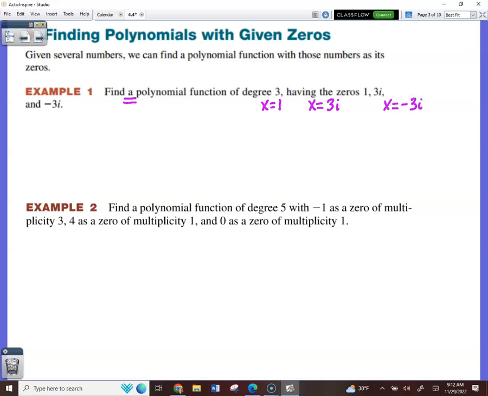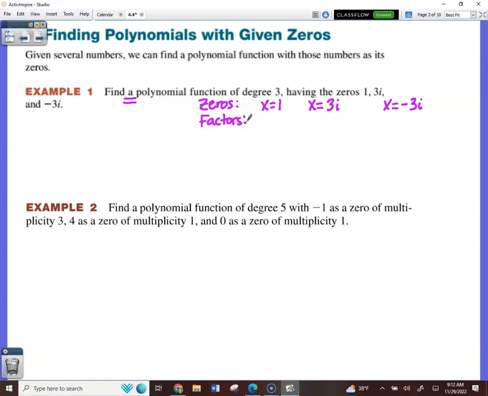All I did was write the zeros that they told me as x equals this, and x equals this. So if these are the zeros, yes? Y'all with me? Okay, those are the zeros. This is why it really helps to write that. Then what are the factors they came from?